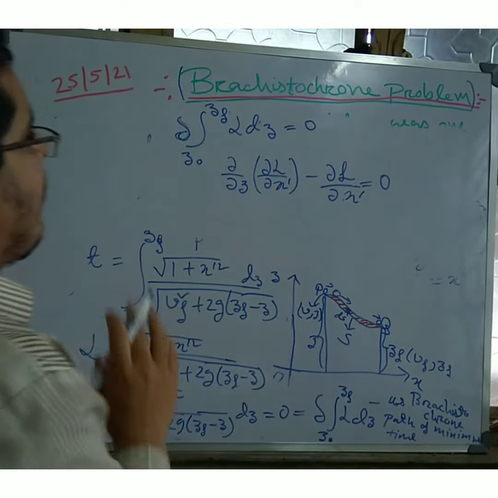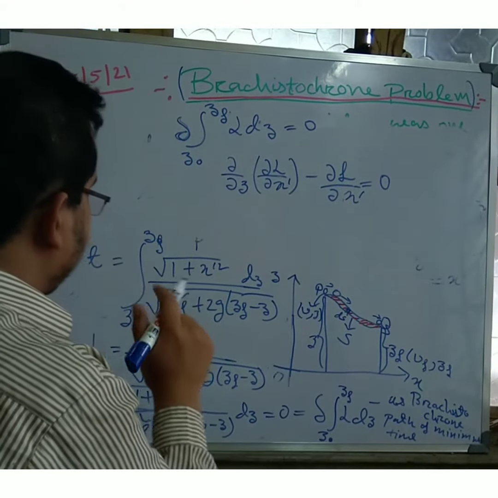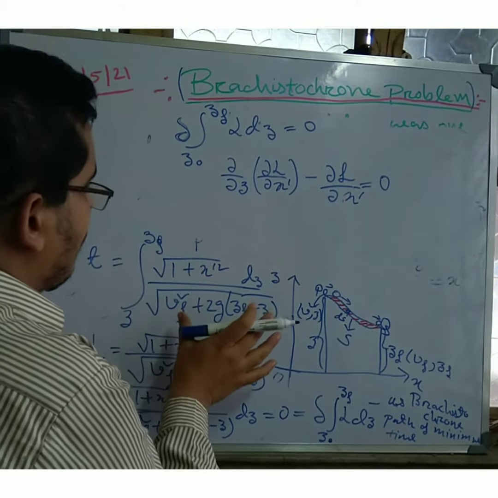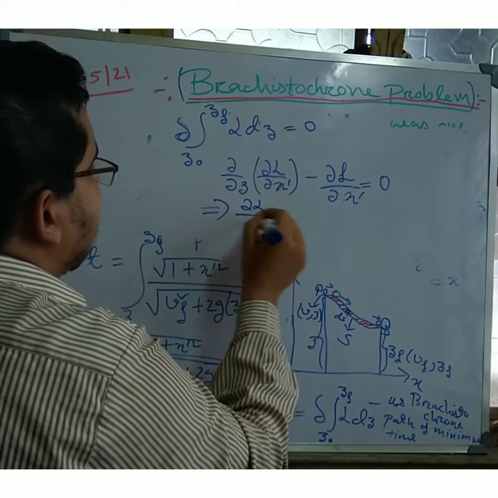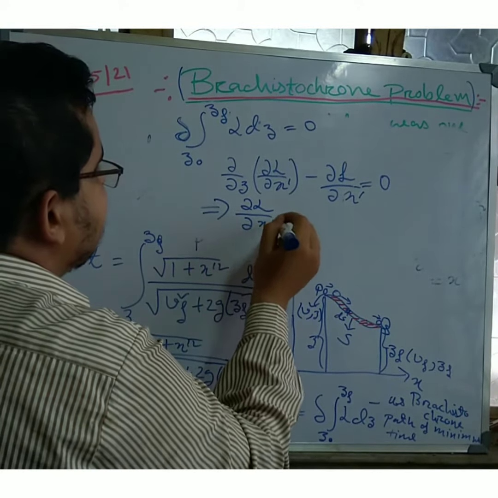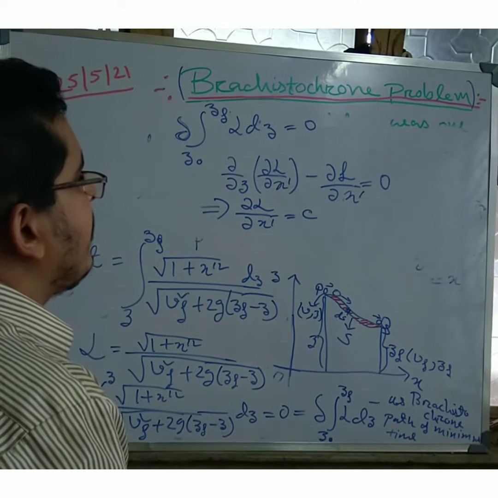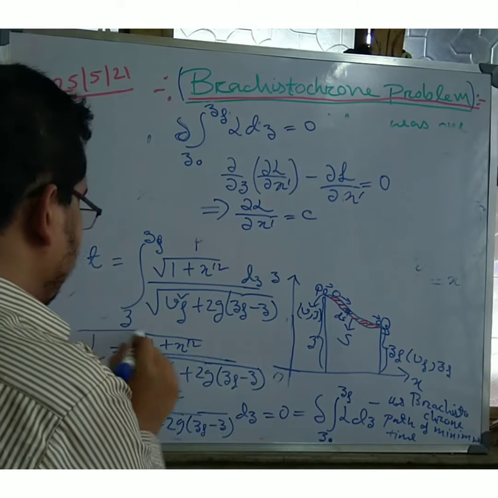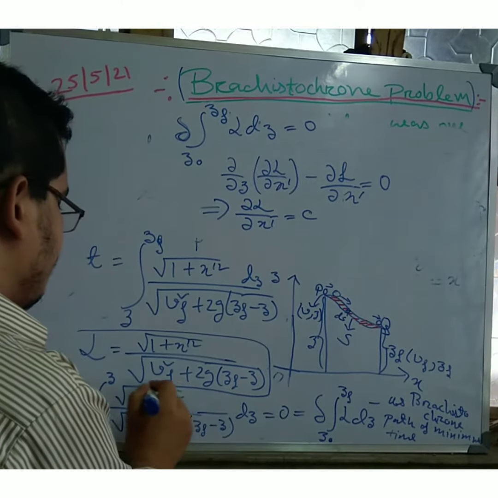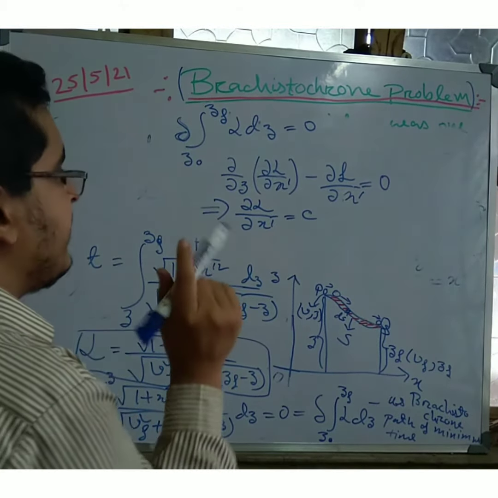So friends, whatever you see, x dash is my variable, and this implies del L by del x dash is equal to a constant term. This implies del L by del x dash is equal to c term, a constant term. So friends, I just differentiate this portion with respect to x dash.